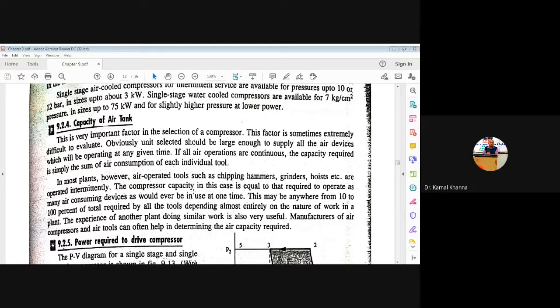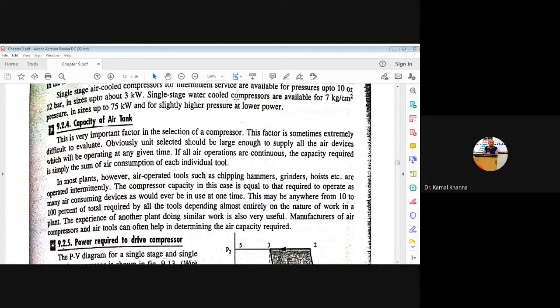There are various kinds of components within the pneumatic system. You can see we have the air compressor, the air cylinder, the pressure regulating valves, the pressure safety valves, and other auxiliary appliances which increase the efficiency of the pneumatic system. In most plants, air tools such as chipping hammers, grinders, and hoists are operated intermittently.